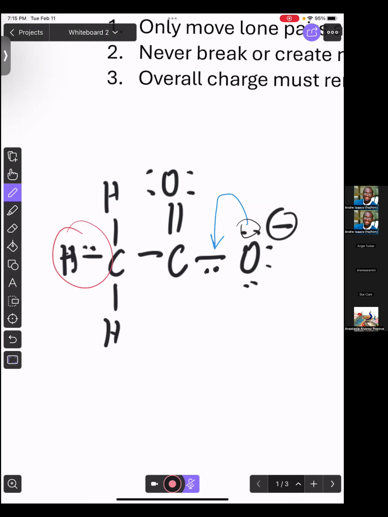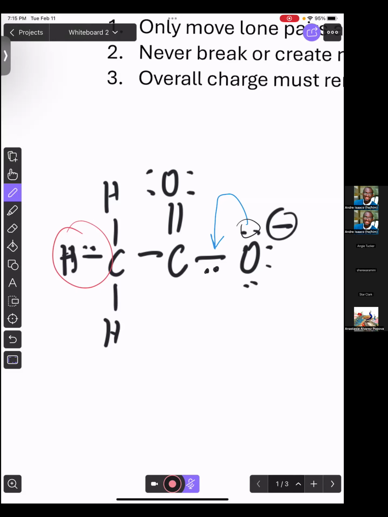The carbon had 8 electrons to begin with, and you are now giving it 2 more. Remember, the carbon can only accommodate 8. And so in order for you to give it these 2 electrons, the carbon has to make a tough decision. If I'm going to accept 2 electrons, I have to get rid of 2 that I currently own. It's 2 for 2.